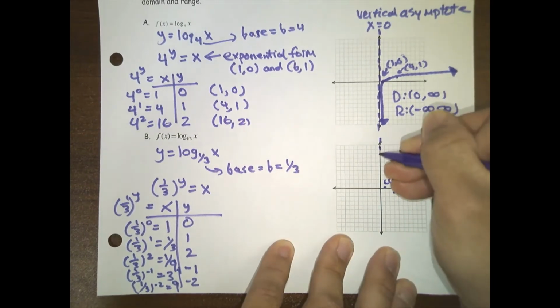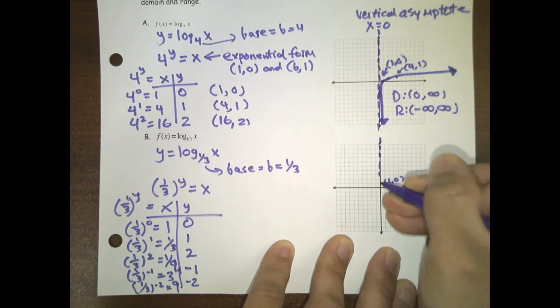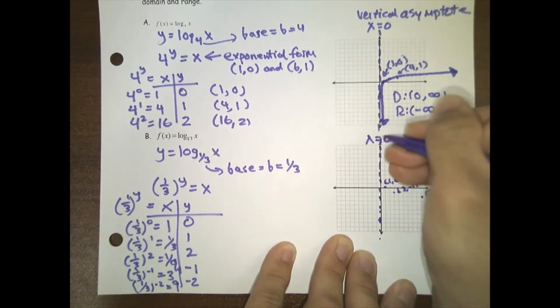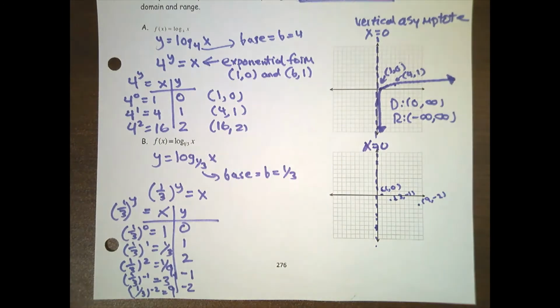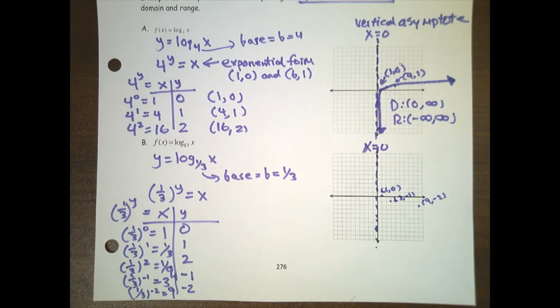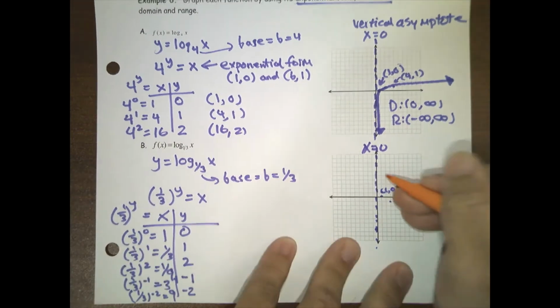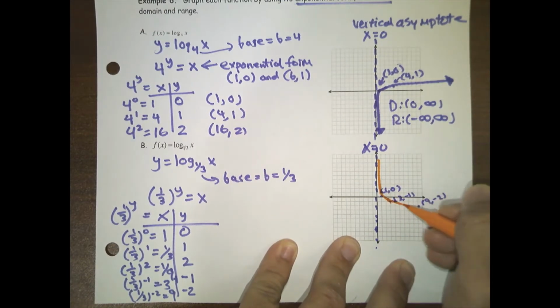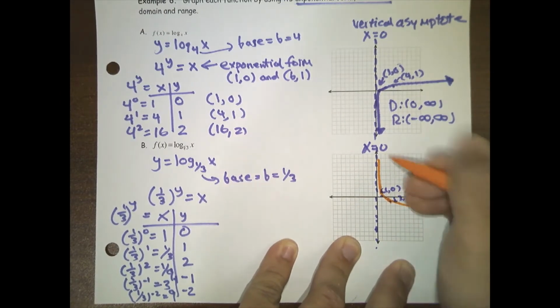I still have my vertical asymptote at x equals 0, but this particular graph is actually decreasing and not increasing. So let me draw this with a different color so that it doesn't blend in too much. So it looks like this.